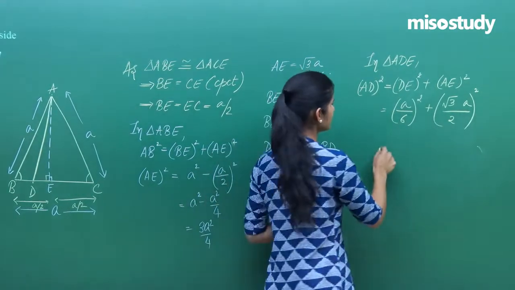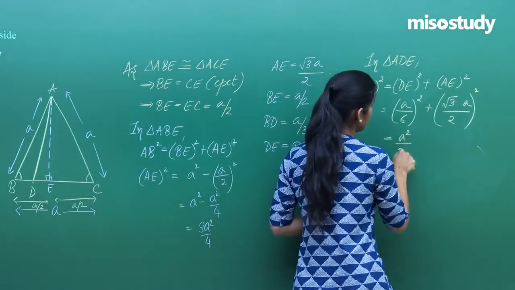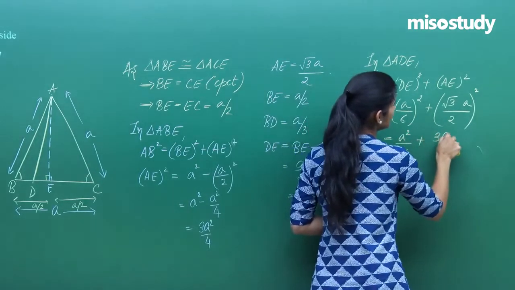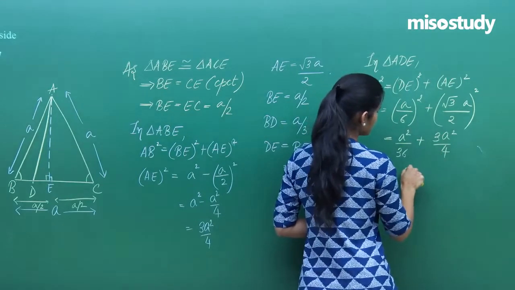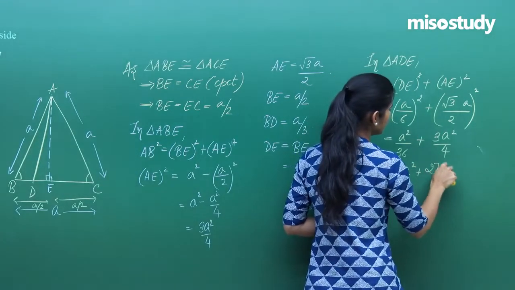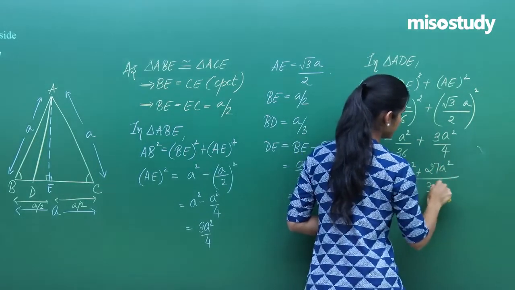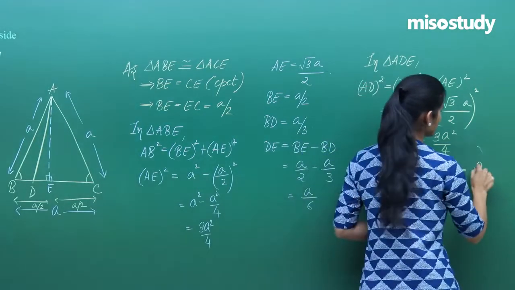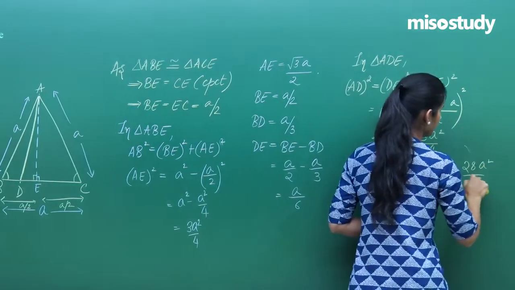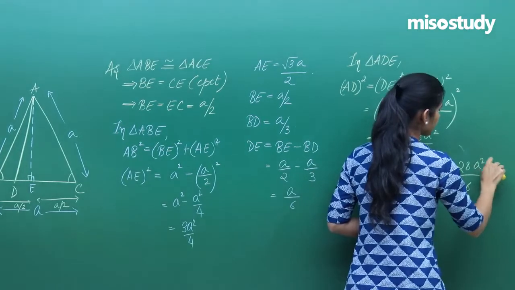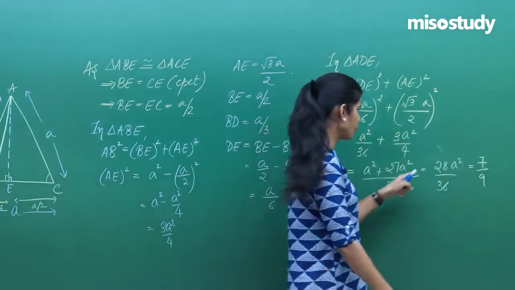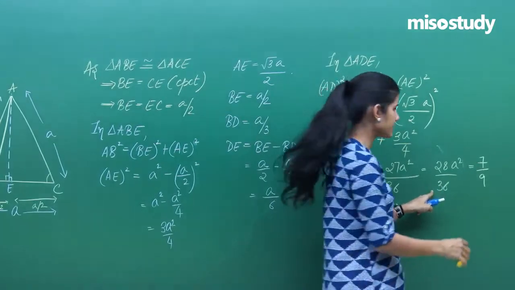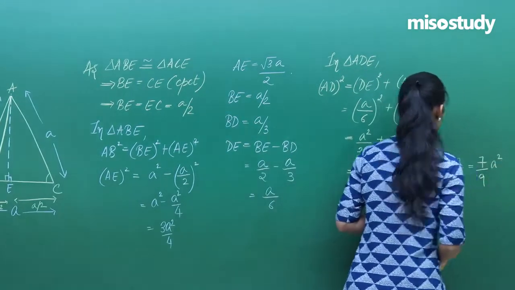Let's compute this. This is A square by 36 plus 3A square by 4. So you get A square plus 27A square by 36. This is 28A square by 36, which is 7 by 9 A square. 4 into 7 is 28, 4 into 9 is 36.